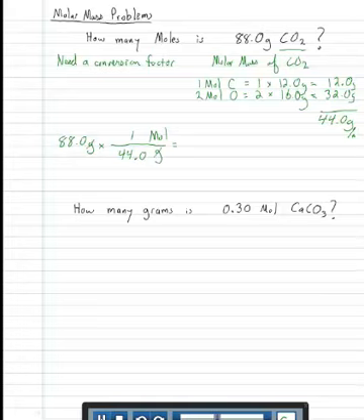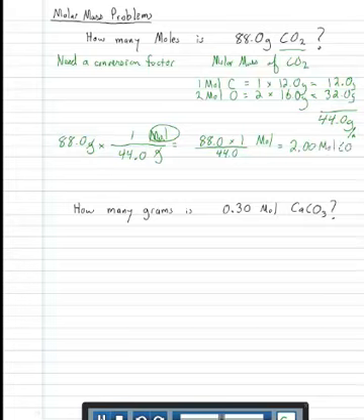So I have 88.0 times 1 all over 44.0, and that's moles. Moles is the unit that's left over. I can do the math, and this is a good problem, and I get 88 times 1 over 44 is equal to 2.00 moles of carbon dioxide.